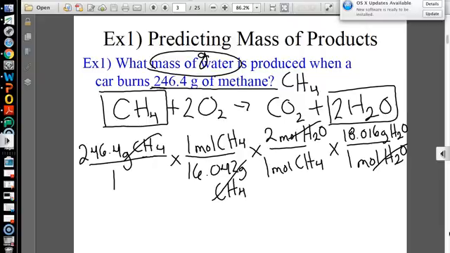And the molar masses are real similar. They're like 18 and 16. So you should have about twice as much. The molar mass of water is a little bit heavier. So your answer should be like 500, maybe 520 or something. Am I making stuff up? Huh? All right, great.